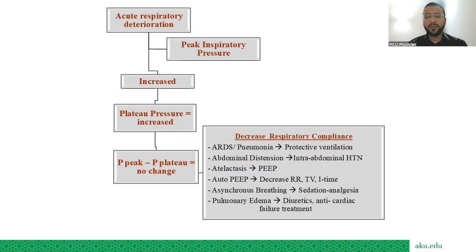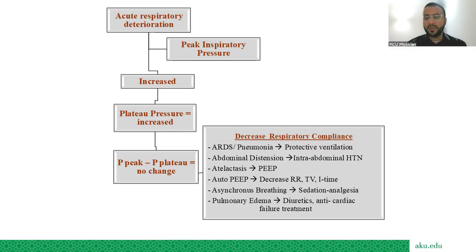In scenario number one, for example, before this problem happens, you have the values of peak pressure and plateau pressure during the normal phase. Now the ventilator starts troubling you. You see both of these values again and you have the previous values written. You check peak pressure and plateau pressure again.